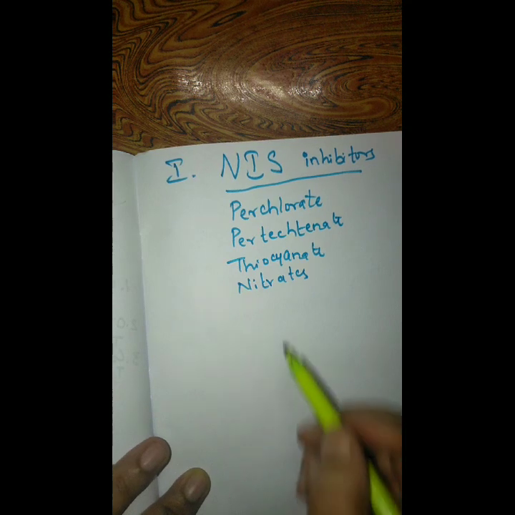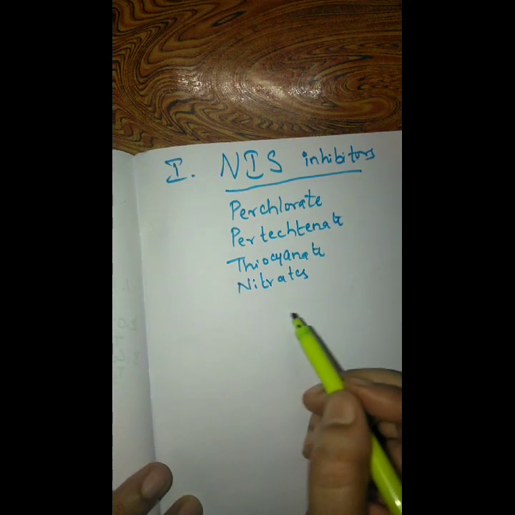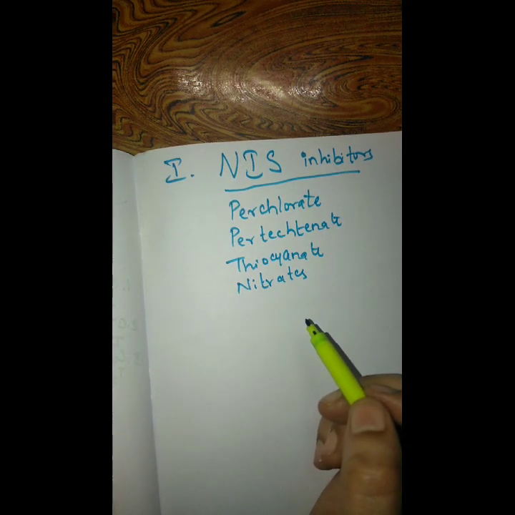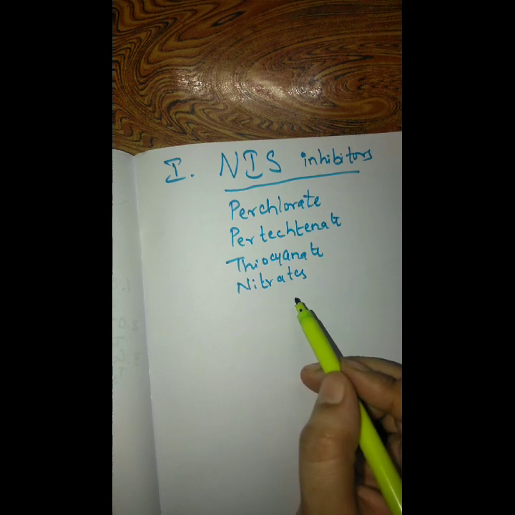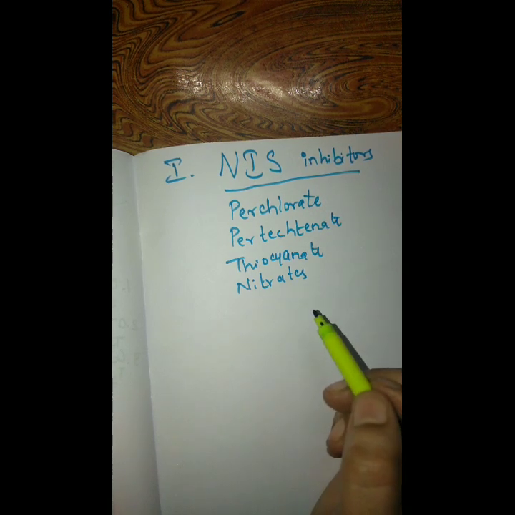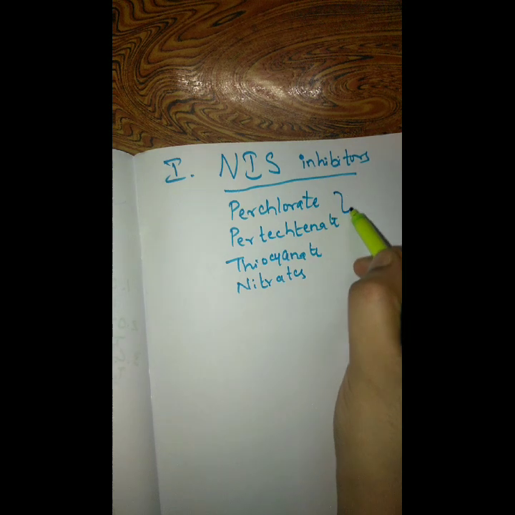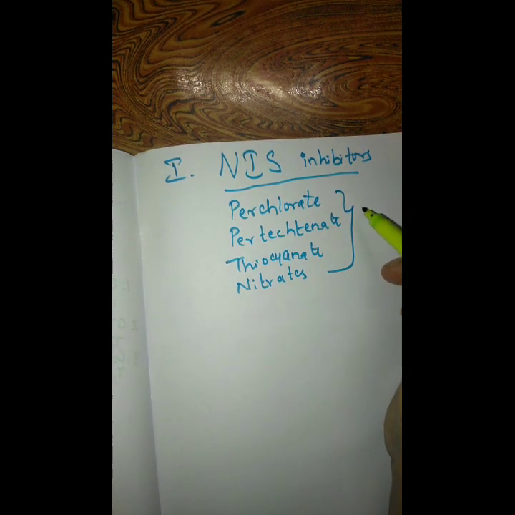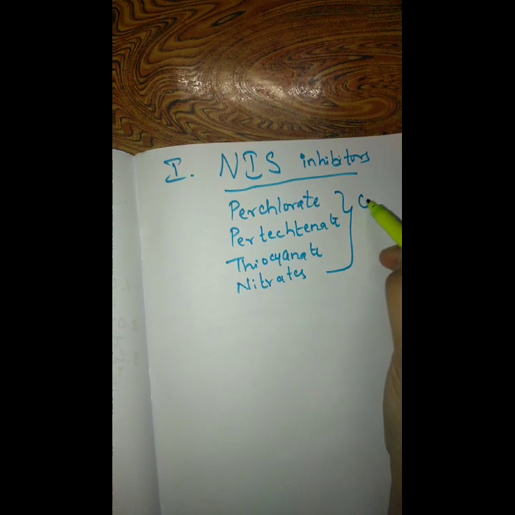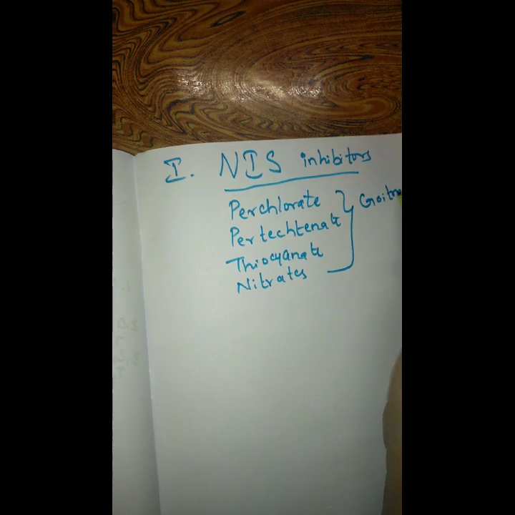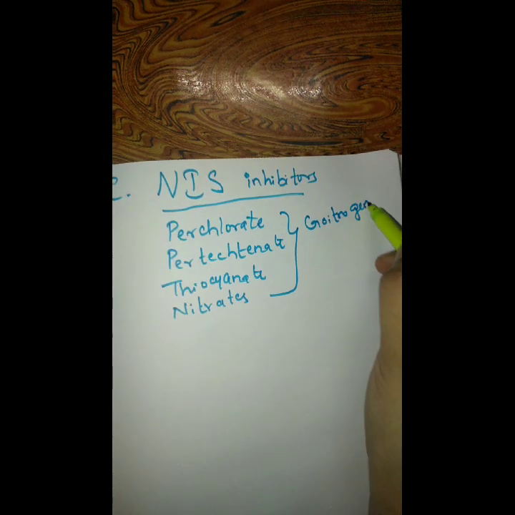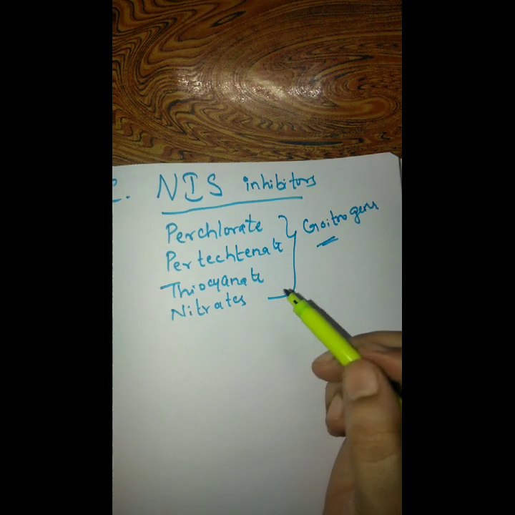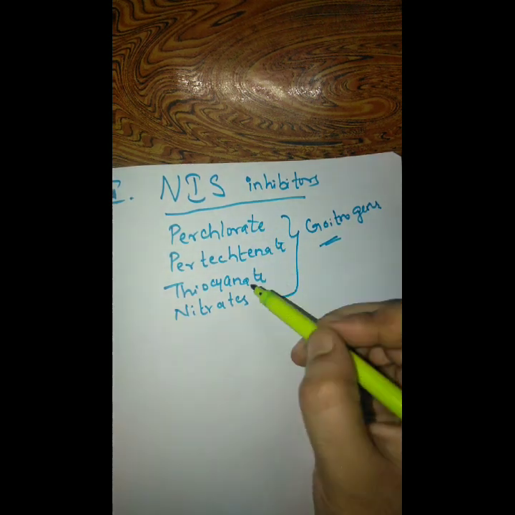Okay, so these agents basically inhibit the iodine trapping from your blood vessels, but these agents are very toxic because they may induce goiter, so they are also known as goitrogens. Goitrogens means there are chances of producing goiter from these agents.